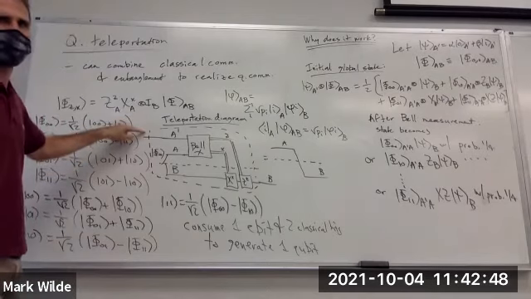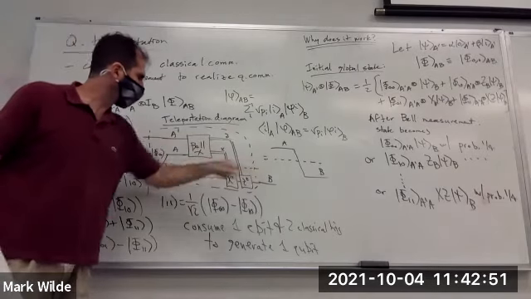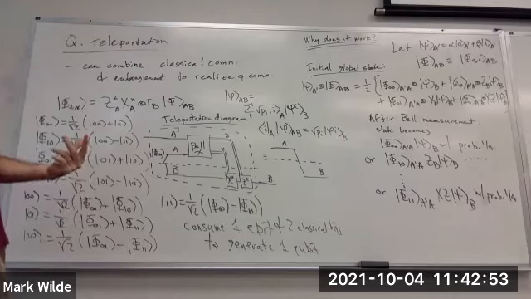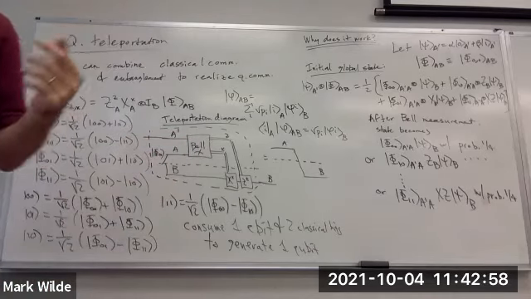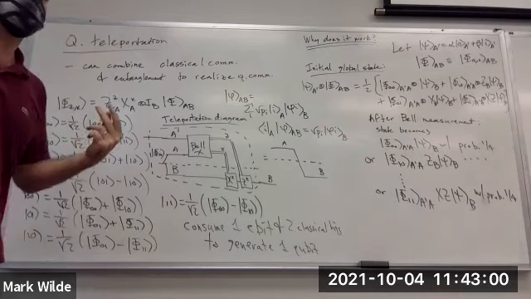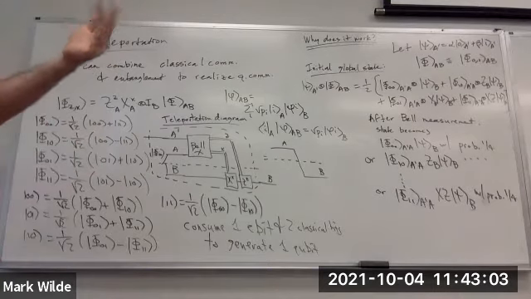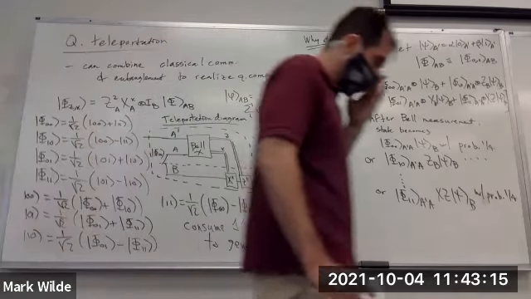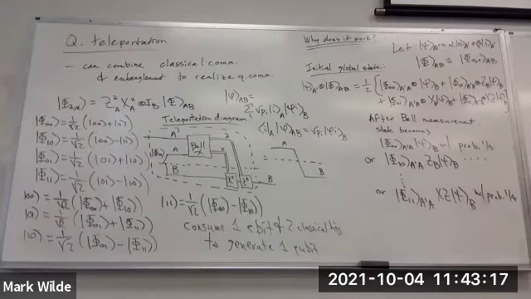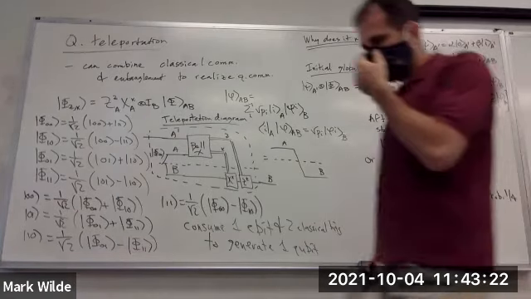No matter what input state is put in here, it will appear at the output. If the probability were dependent on alpha and beta, then you would somehow be learning about the state that's being input, and you would disrupt it. We haven't quite talked about it, but there's an information disturbance principle in quantum mechanics. So if you're learning something about a state, then you can inevitably disturb it. Okay, so that doesn't happen here.